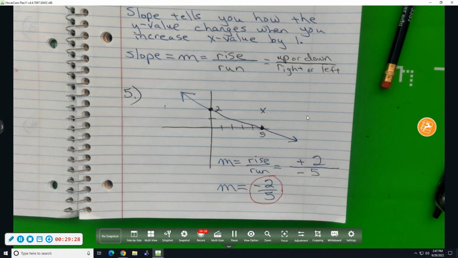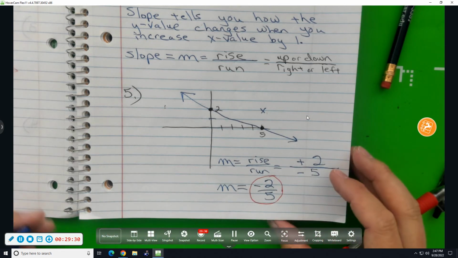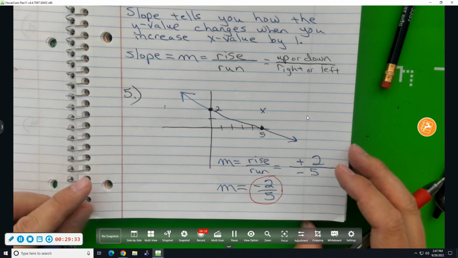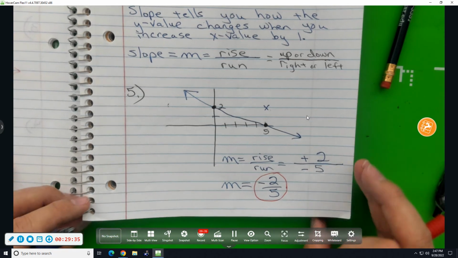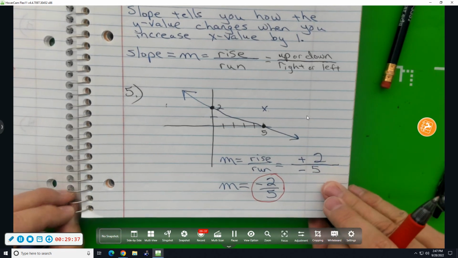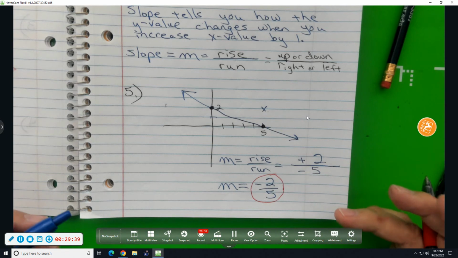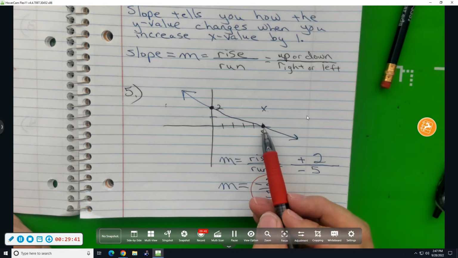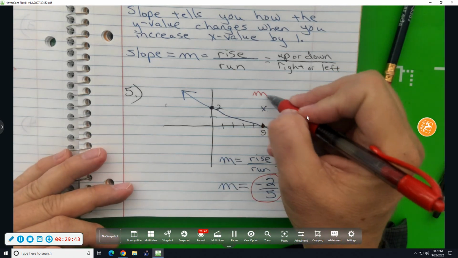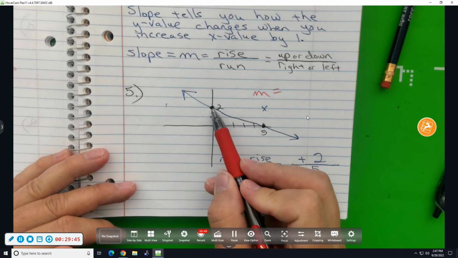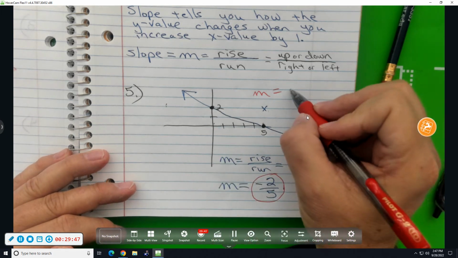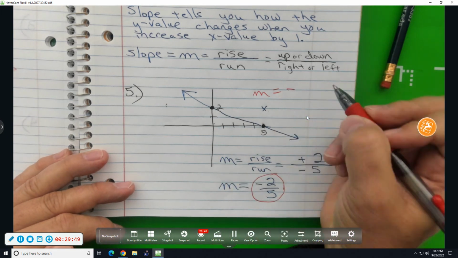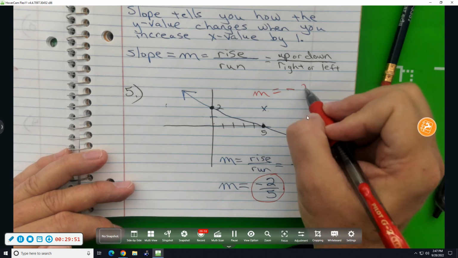It doesn't matter. That's a good question. I'm going to do the classic new teacher mistake and work it a different way. Suppose you started at the top point. You'd be moving down, so the rise would be in the negative direction. How many units? 2.